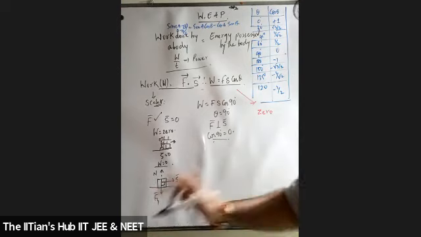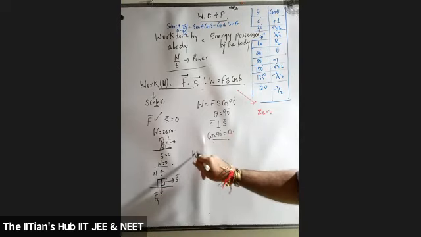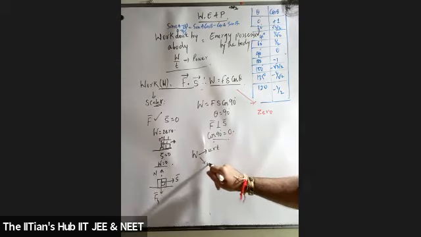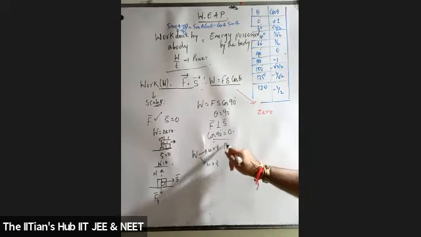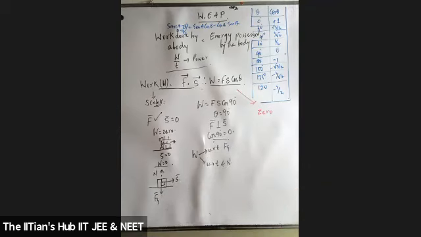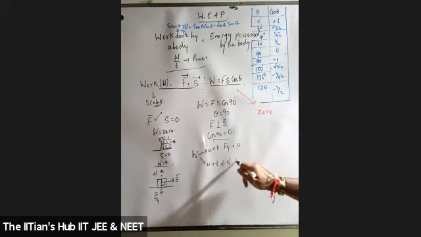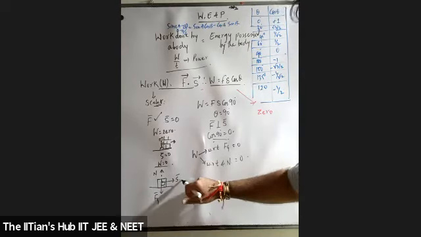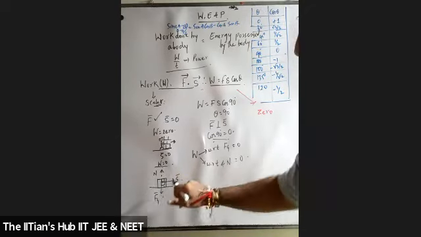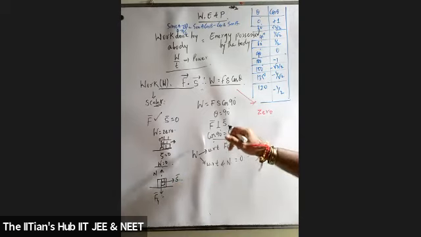So listen carefully in both cases, work done with respect to gravitational force and normal reaction force, in both cases your answer will be zero. Why? You should say the displacement is horizontal, normal reaction and displacement are mutually perpendicular, gravitational force and displacement are also mutually perpendicular, theta is 90, work done is said to be zero.